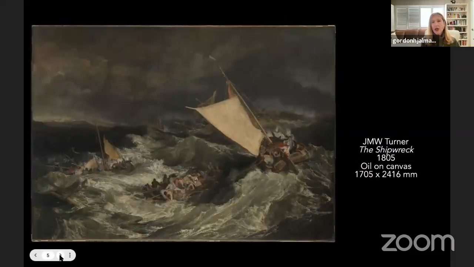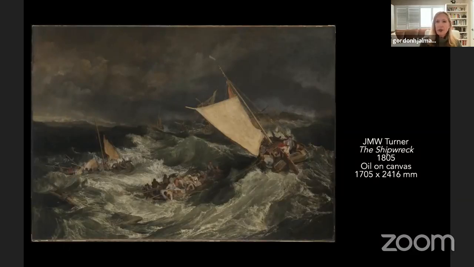And now we're going to talk about J.M.W. Turner. Turner was, along with John Constable, the most important landscape artists of Britain of the 19th century. So instrumental in developing art in that time and place. Now, Turner was very interested in new things that were being created technologically in England.